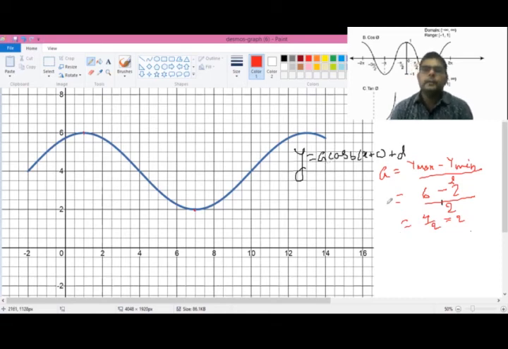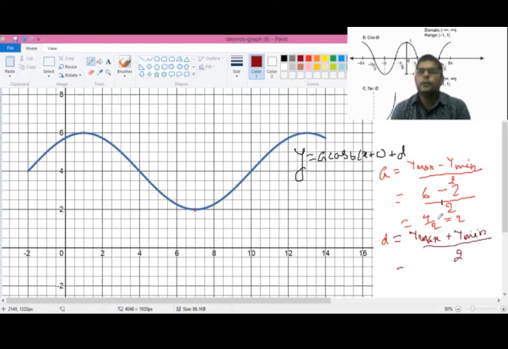Now what do you think about the values of b and c? We'll see later. So first of all, let's see the value of d. d equals y maximum plus y minimum divided by 2.